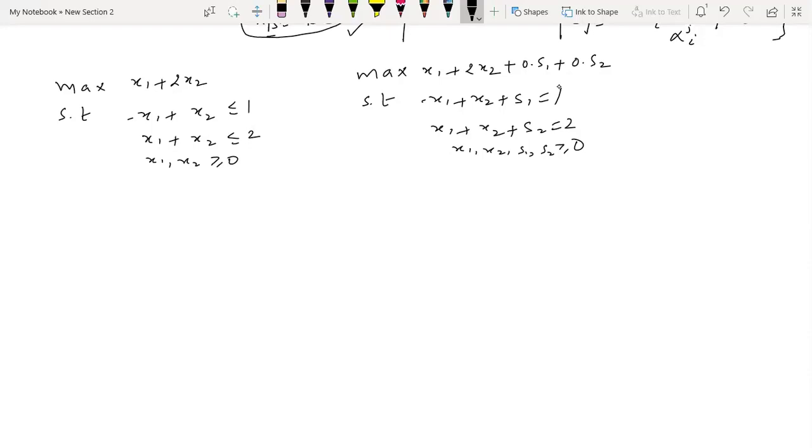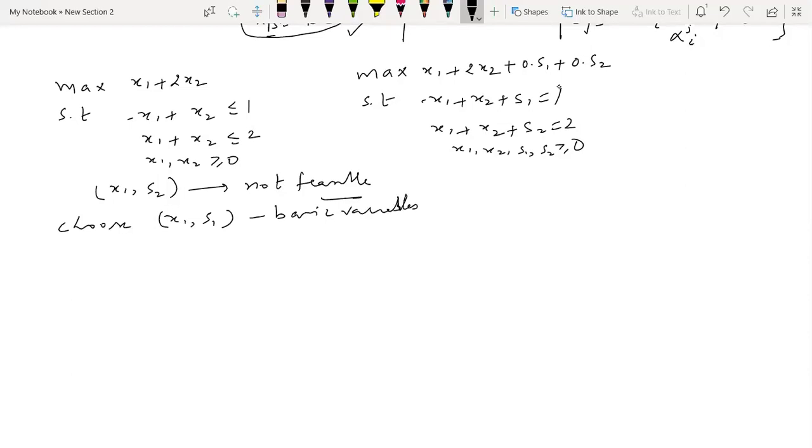If I choose x1 and x2 as my basic variables, this is not going to give you a feasible solution. We will discuss later on how to choose the correct basic solutions. Because we have solved this problem many times, let us choose x1 and s1 as my basic variables.